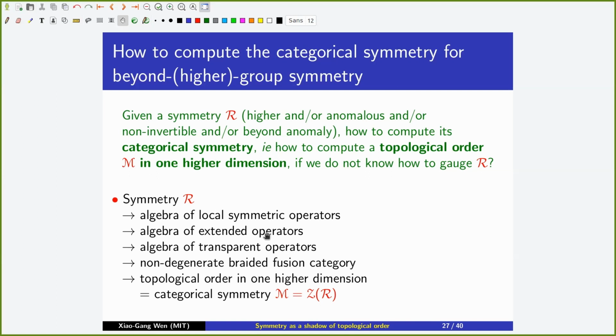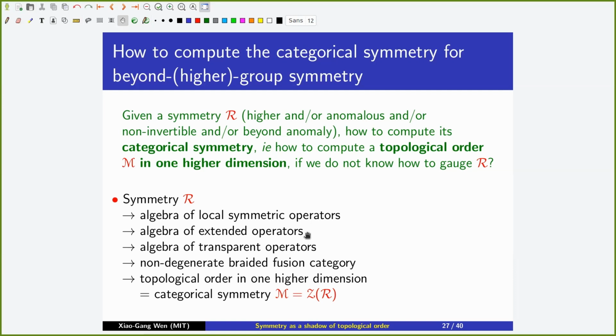So any operators can be put together, and you can build an extended operator of arbitrary size. You can wind the system several times. Therefore, the algebra of local symmetric operators naturally includes the algebra of extended operators. So you have to include them. Then this becomes too wild. We don't know what to do. It's a mess.